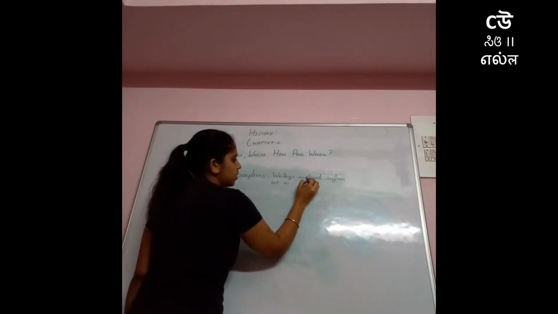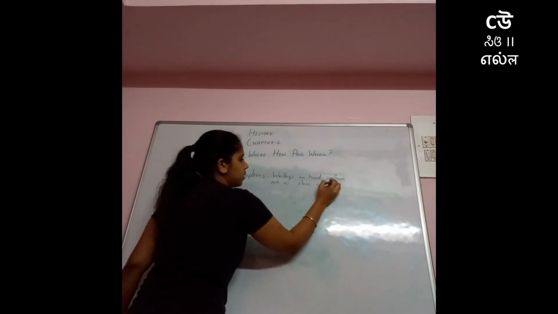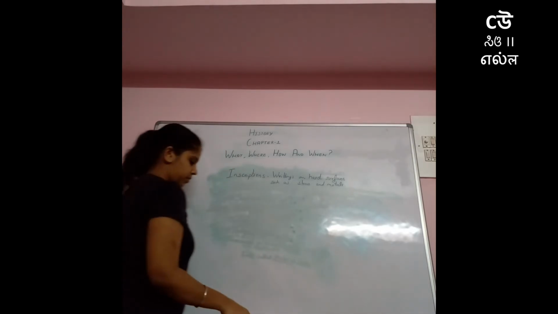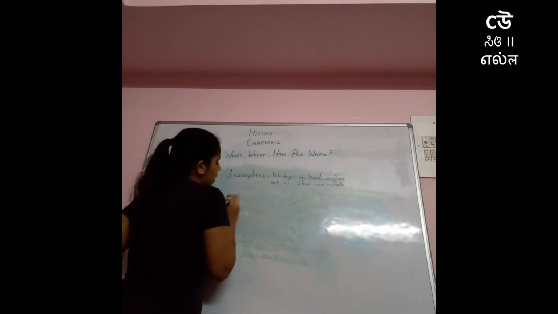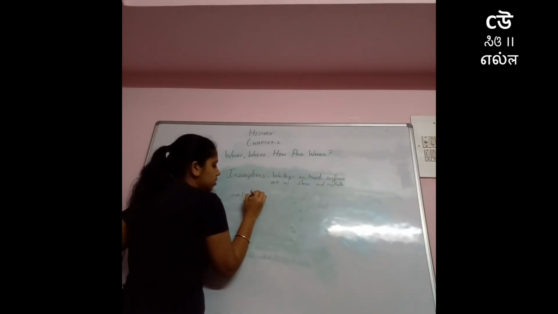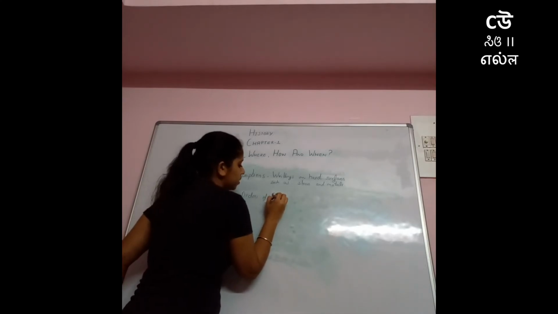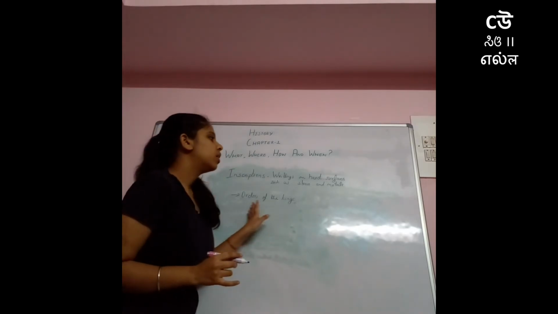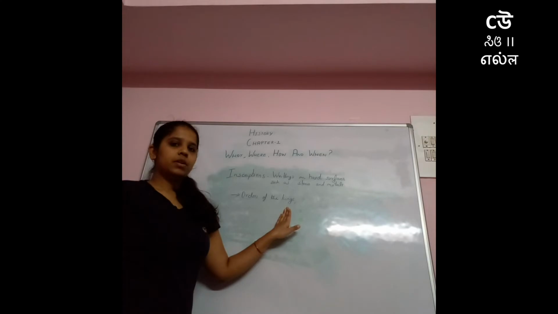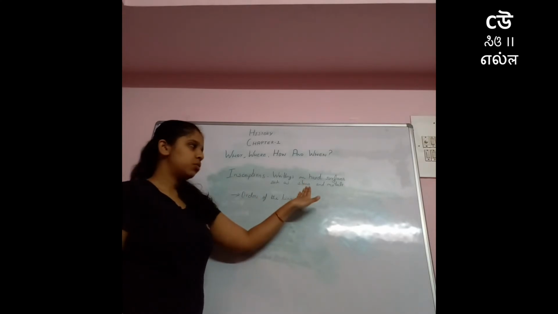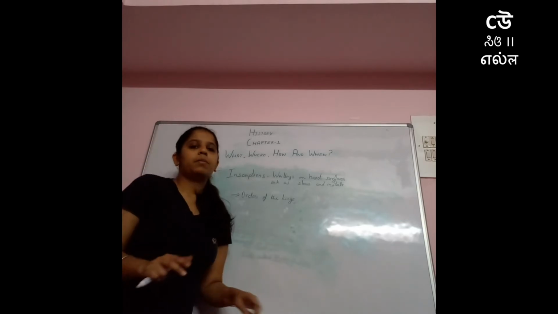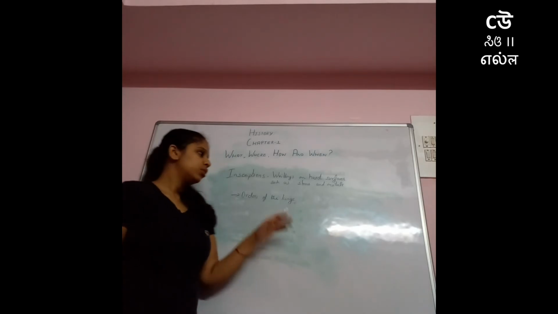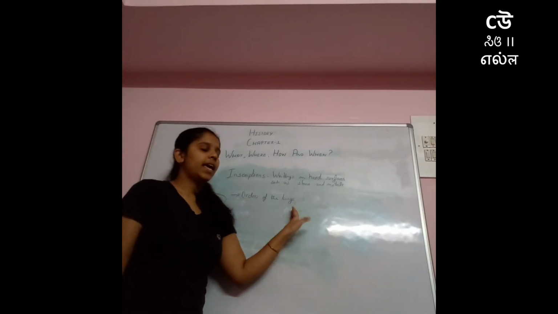So inscriptions had the orders of the kings. So what kings used to do? They used to inscribe their orders on the stones and hang them in a public place where everyone will be able to read and see it, so that they follow the orders of their king.